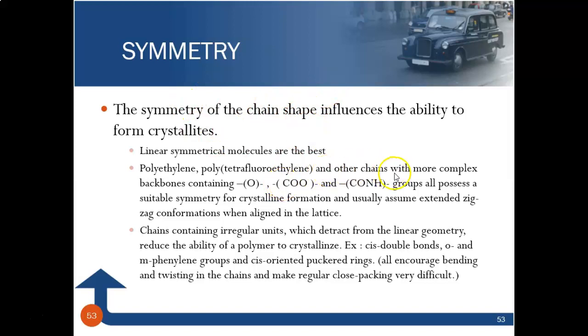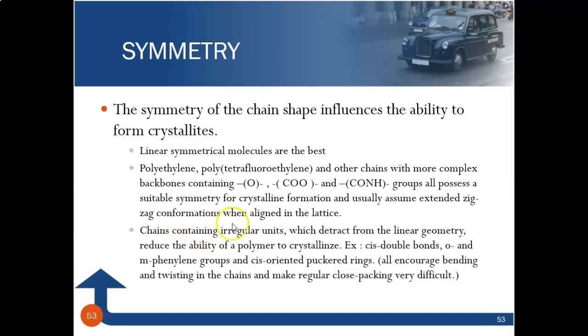polytetrafluoroethylene and other chains with a more complex backbone containing O, COO and CONH groups all possess a suitable symmetry for crystalline formation and usually assume a standard zigzag conformation when aligned in the lattice. The chains containing irregular units, which detract from the linear geometry, reduce the ability of the polymer to crystallize. Why does it mean this? Because a polymer which easily crystallizes has a regular structure.